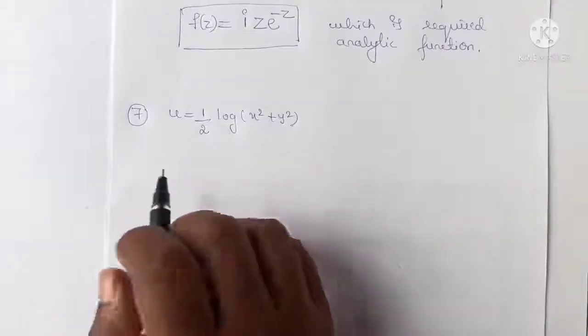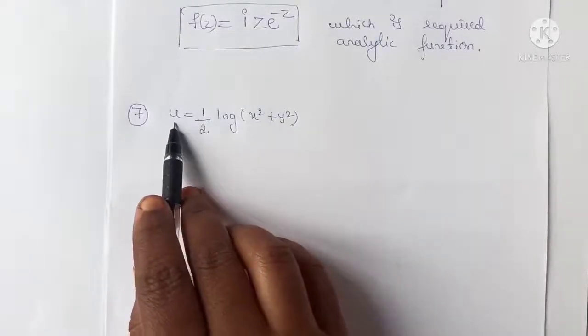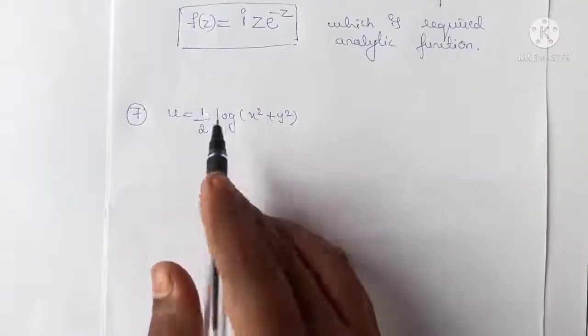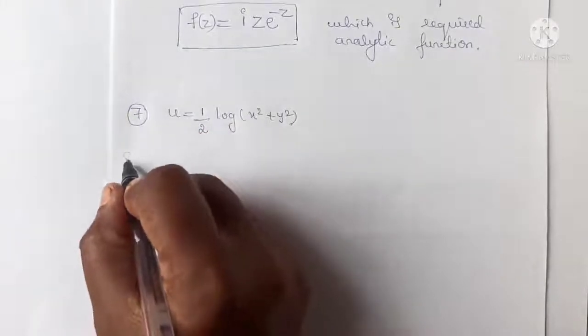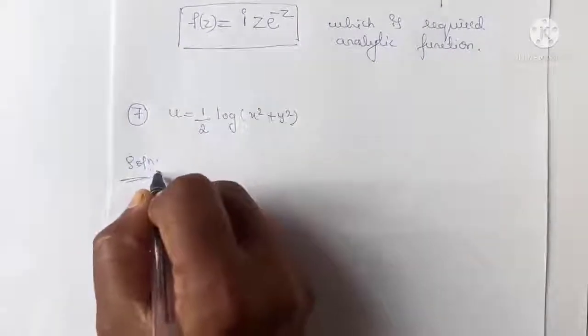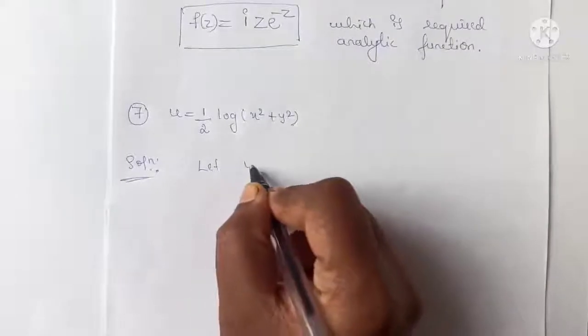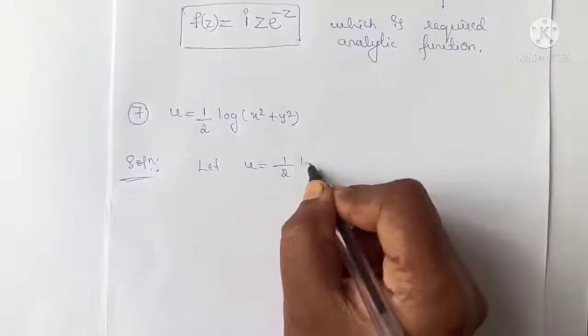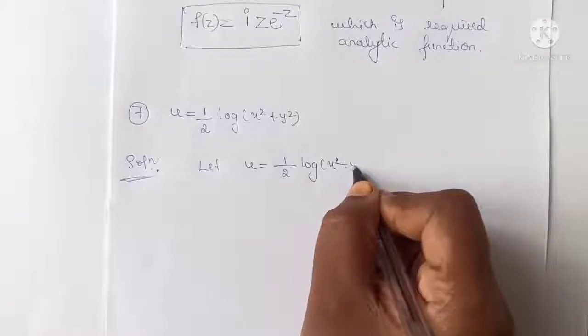Next, the seventh one. Here the real part is given, that is u is given, so here also you have to construct the analytic function. Let u equal 1 by 2 log of x square plus y square.